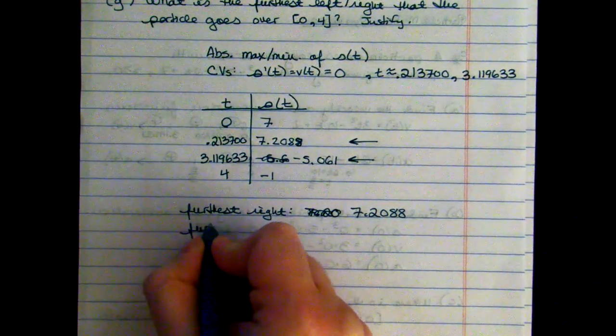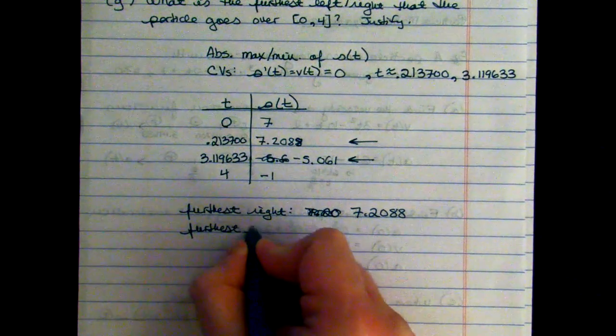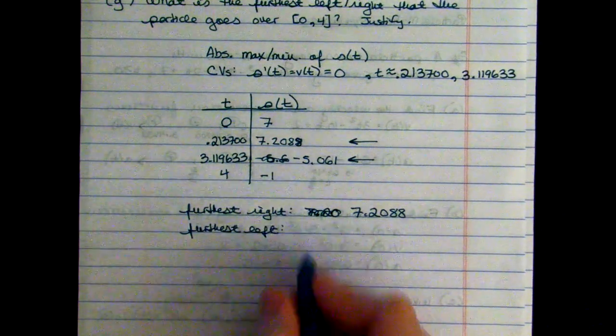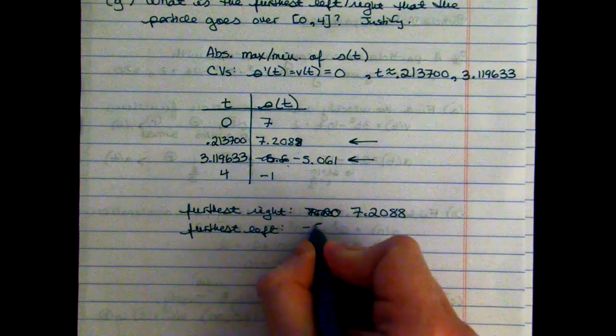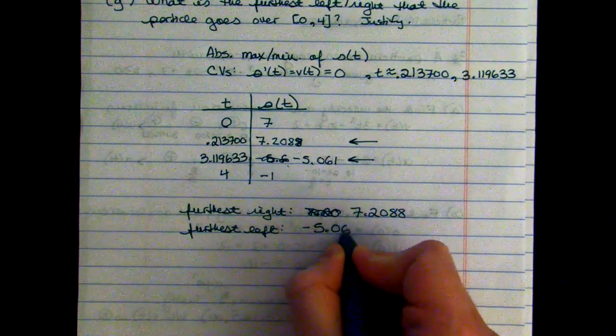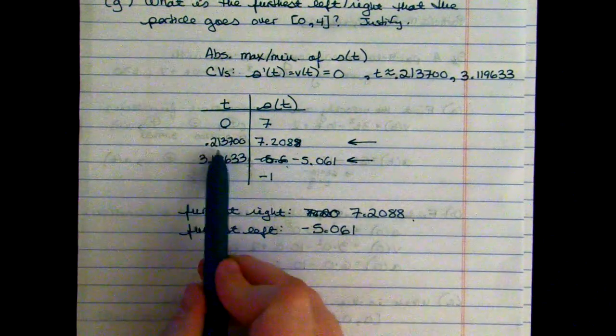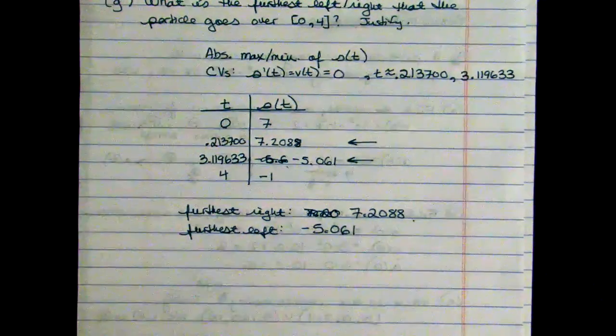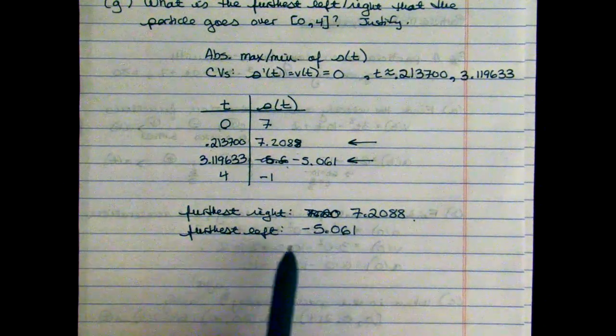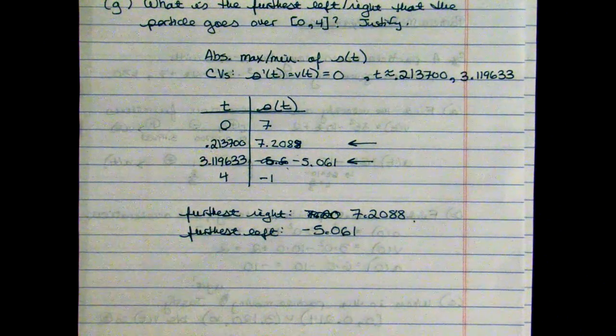The furthest left, well, that's the other one. I'm going to go with negative 5.061. If I was asked when it reaches those, when's it furthest right? At time 0.213700. When's it furthest left? At time 3.119633.